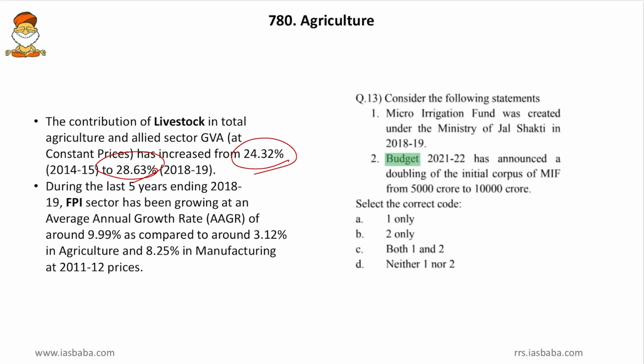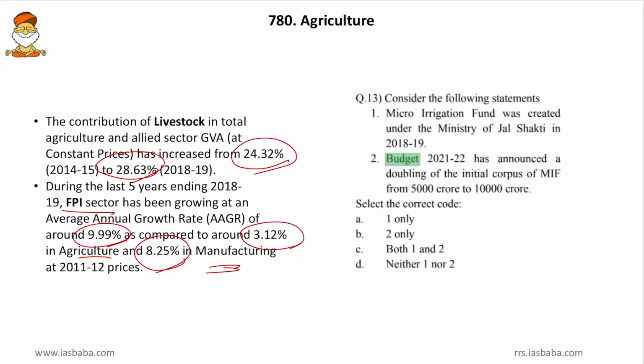Then during the last 5 years, the food processing industry sector has been growing at an average annual growth rate of 9.99%, and this 9.99% growth of FPI is more compared to the overall agriculture sector, which is growing at 3.12%, and the manufacturing sector, which is growing at 8.25%. So FPI, that is the food processing industry sector, is growing faster than manufacturing and the agriculture sector. So these are some of the facts and unique trends, we have to remember them.